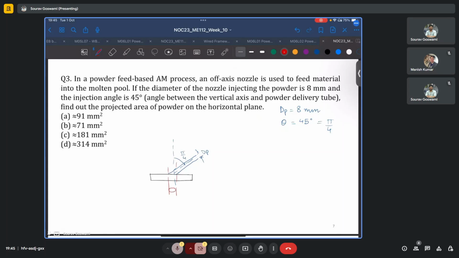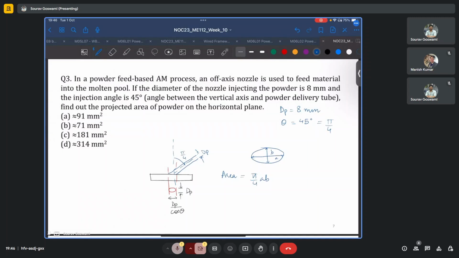And while one dimension continues to be equal to dp, the other dimension is elongated, and this as we saw is dp by cos theta. For the ellipse, we know that the area is equal to, say, if you have an ellipse with the major axis as A and the minor axis as B, the area is pi by 4 AB.